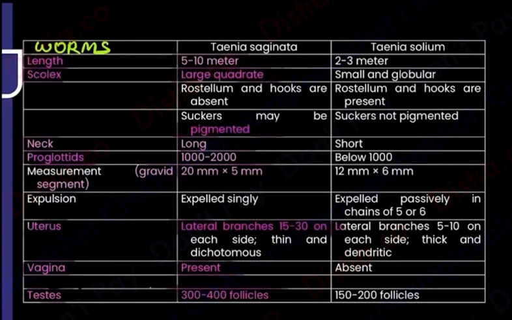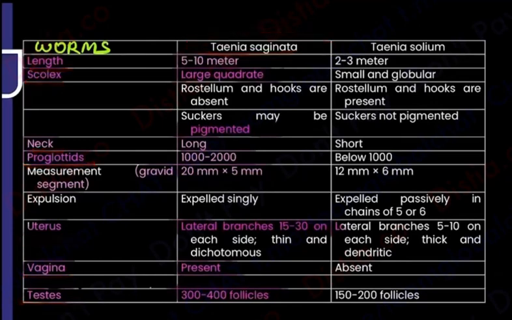Because you don't have to learn the numbers. You just have to make sure that you know that everything in excess, be it the length or the size of the scolex, the size of the neck, proglottids, uterine branches, size of the vagina, presence of testicular follicles, everything is more in saginata.